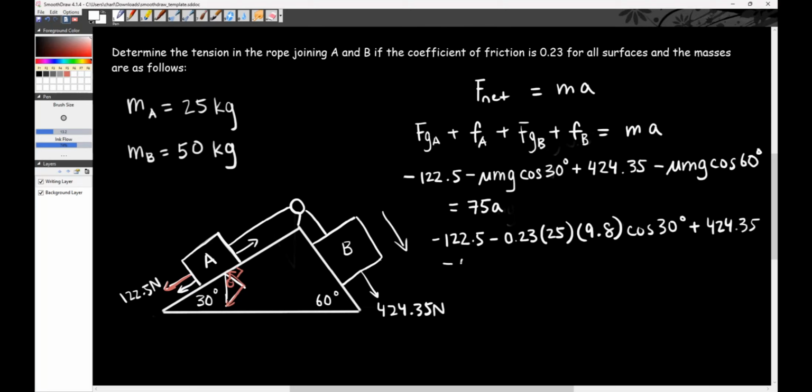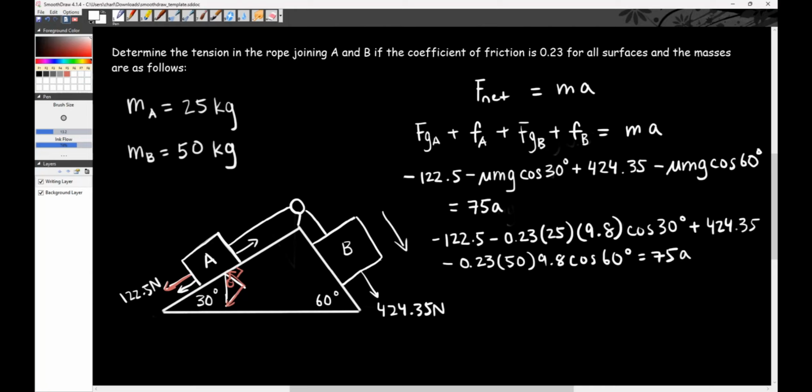And then this is the force of friction on block B. Again, mu is 0.23. M of block B is 50. G is 9.8 times cos 60 equals 75A.